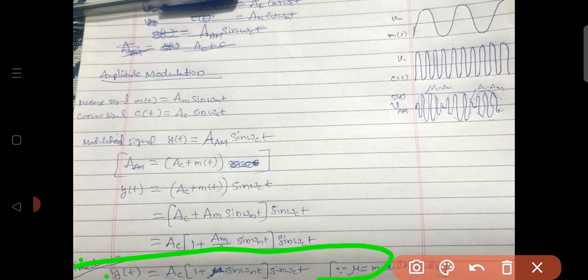You just remember this equation; later classes and later techniques also depend on this equation only. So remember the basic equation of amplitude modulation is Ac into 1 plus mu sin omega mt into sin omega ct.